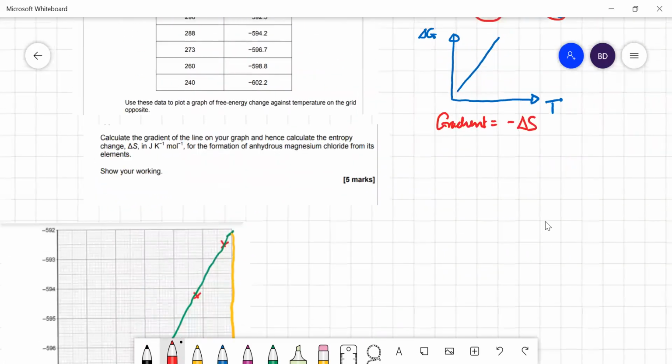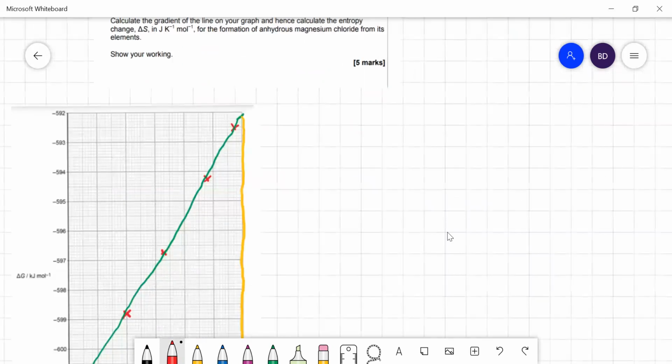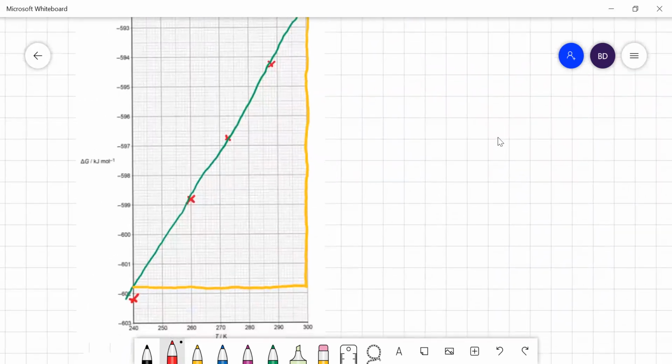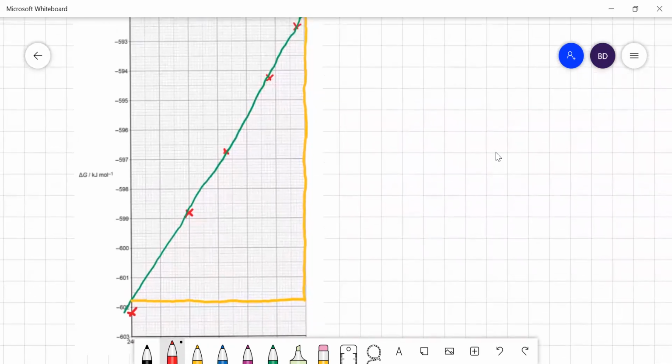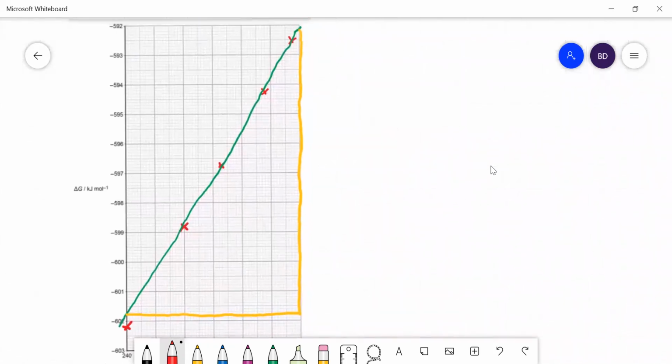So let's have a look at that. I plotted the graph here. There you go. They gave you that grid with the units already printed on the grid for you, and you just have to plot the line. Okay, so we're going to work out the gradient now. So the gradient, let's call it m, is equal to the change in y divided by the change in x. Well, I plotted the construction line there in yellow, so let's look at the change in y, delta y.